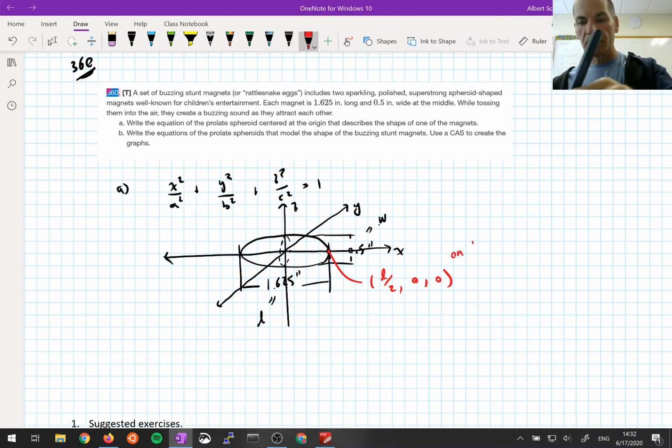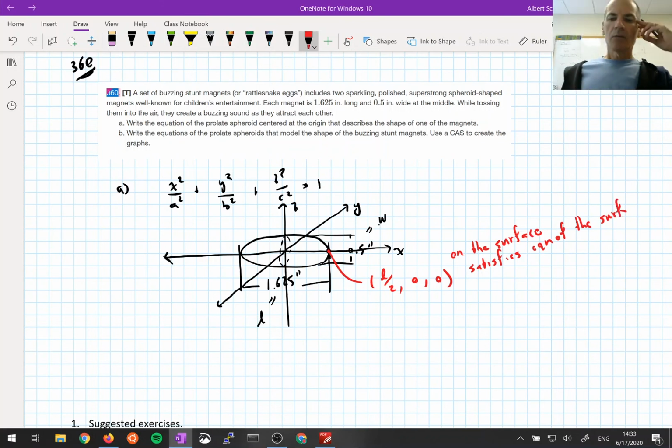And this is on the surface. What that means is it satisfies the equation of the surface. And we can use that information to figure out a squared, b squared, and c squared. Let's see how that works.